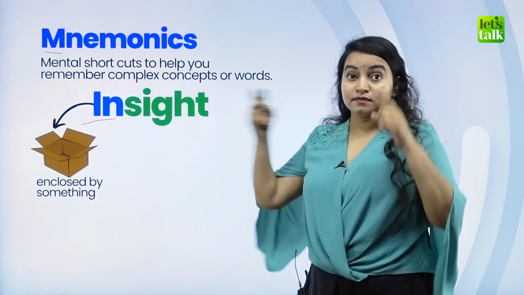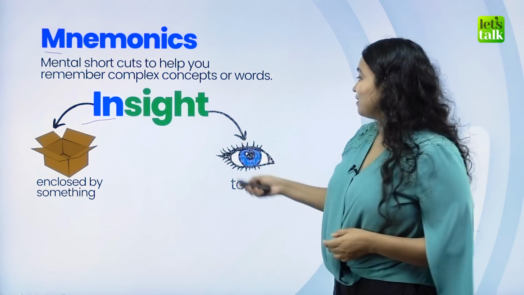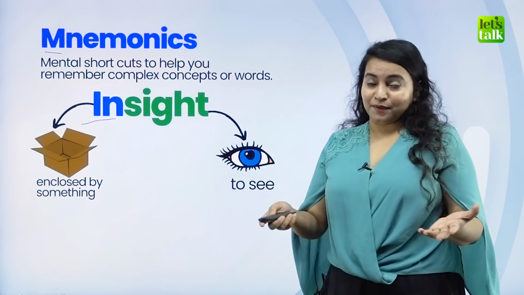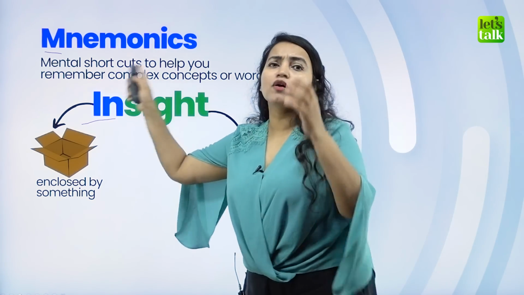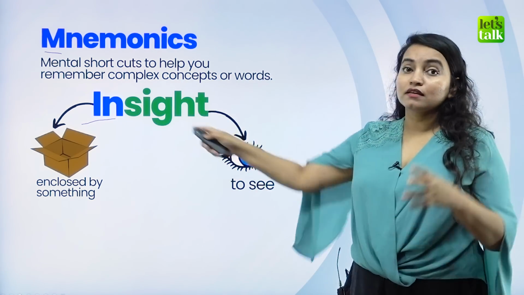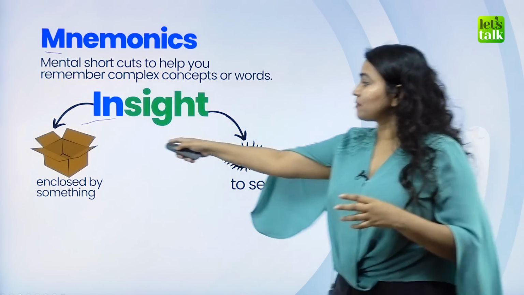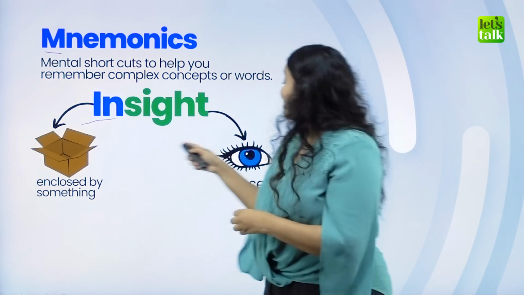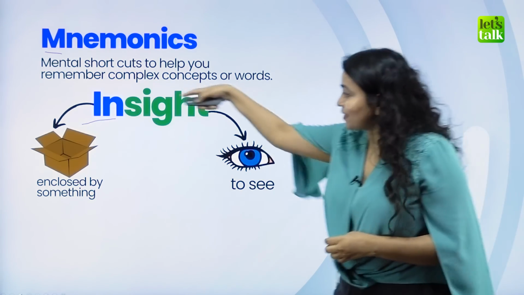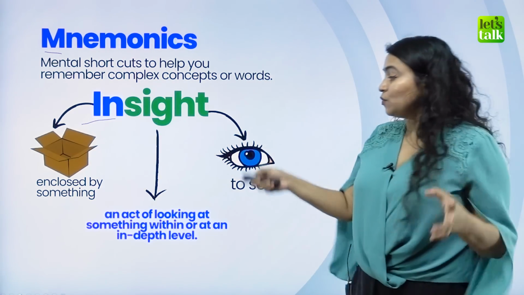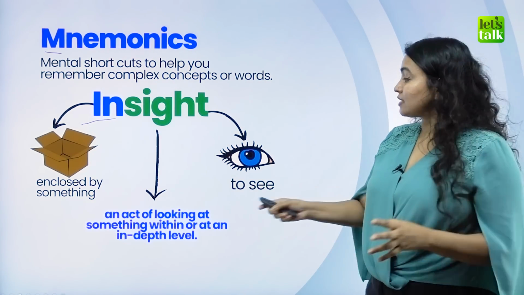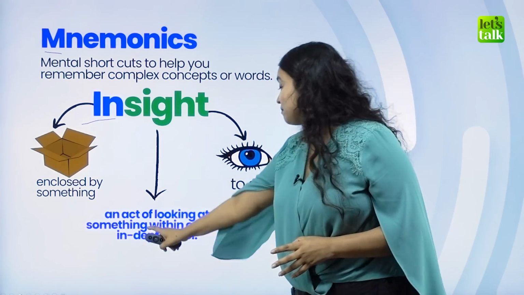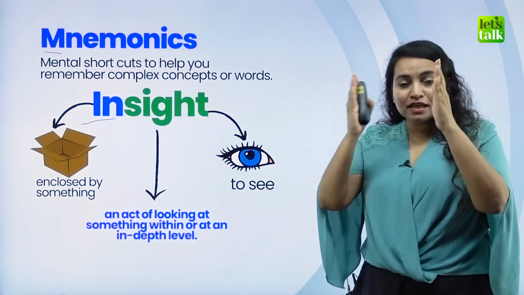And the word sight. Sight means to see. So we are looking at something. So therefore, if you want to understand the word insight, you have a mental image of something inside, which means enclosed by something, and you are looking at something inside. In other words, it tells you that it is an act of looking at something at a very deep level.